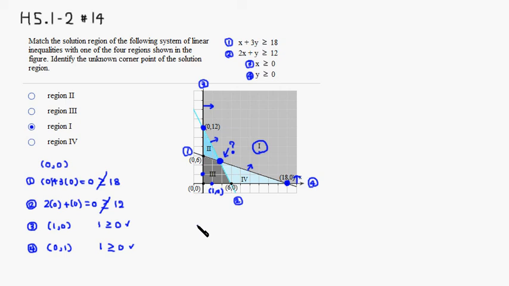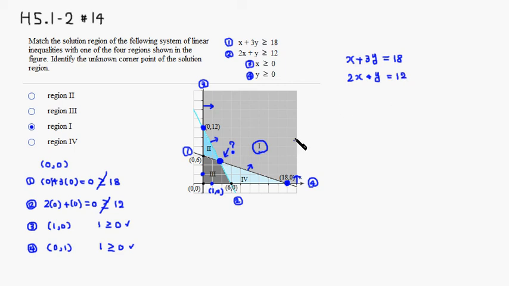Borderline number 1's equation is x plus 3y is equal to 18. Borderline number 2 is 2x plus y is equal to 12.